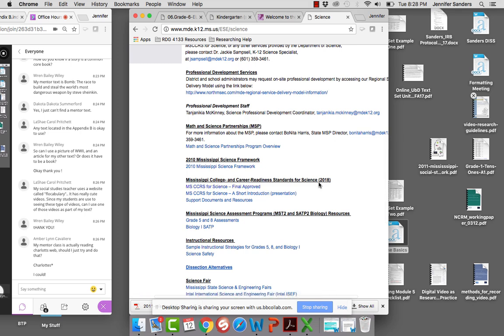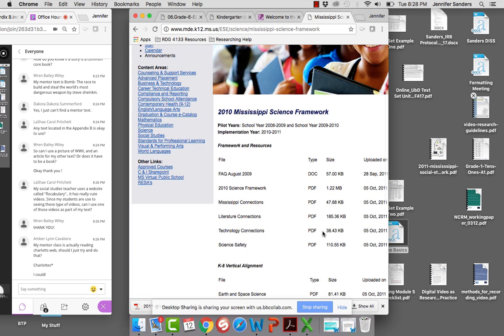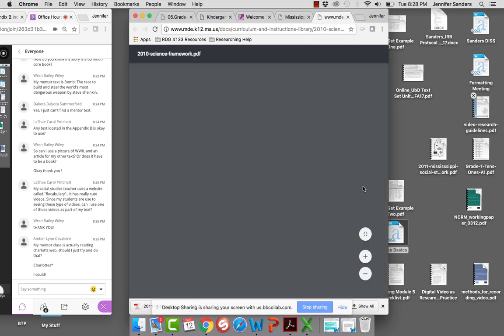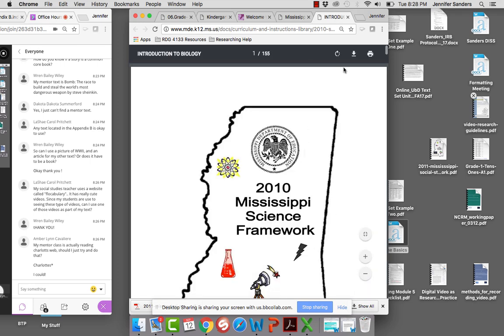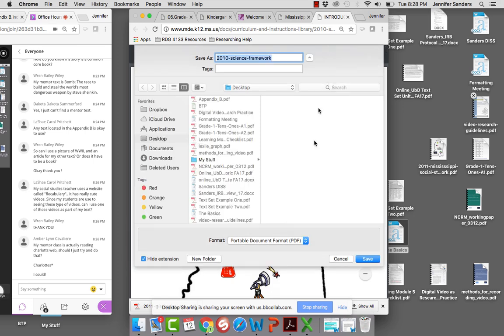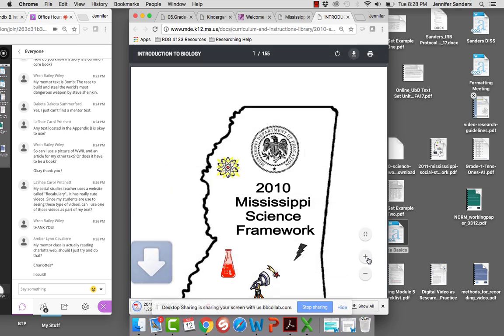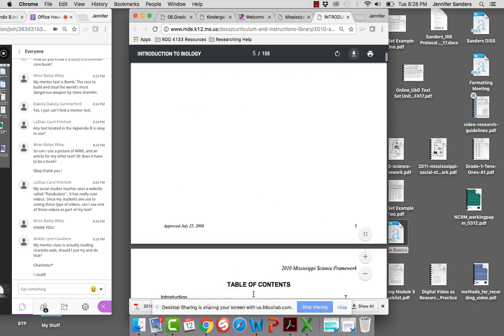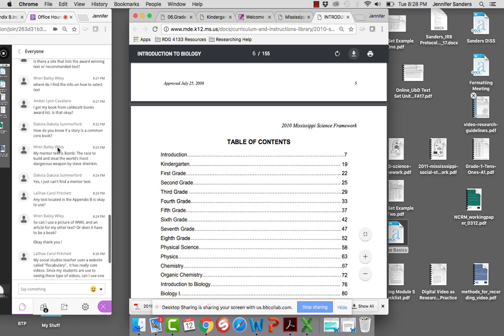But these are for 2018, so I'd stick with these standards here. I'll put these in the module this week, for this week, module 5. And then you can go through here and pull the standards that you need. What grade again? Amber, 3rd, right? Did I miss that?